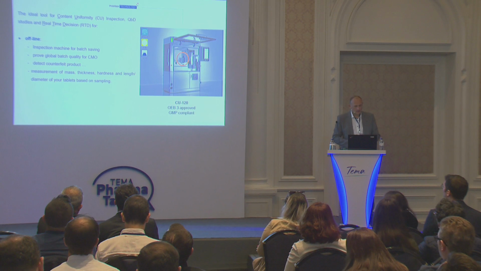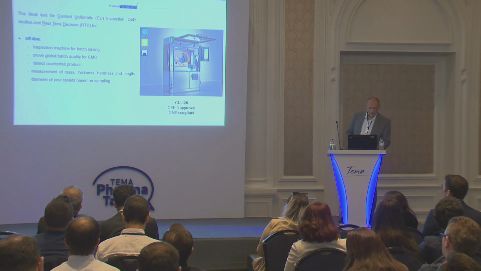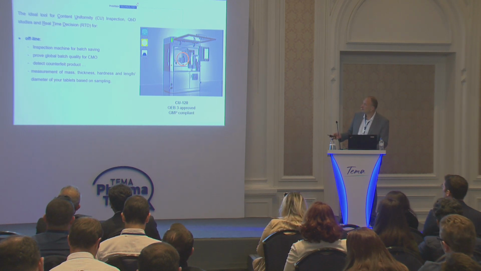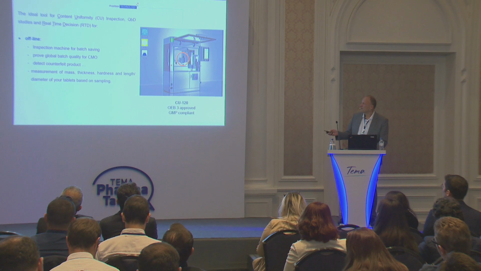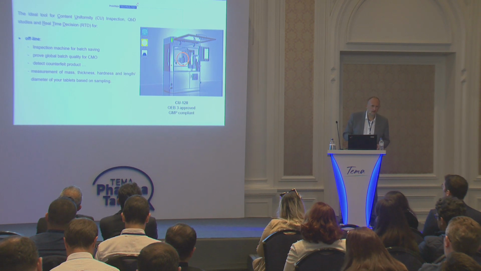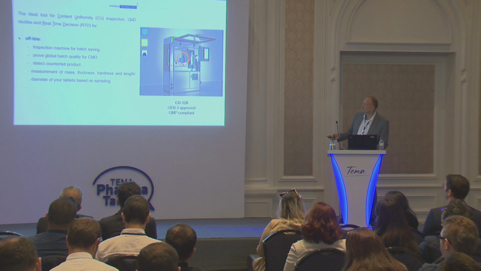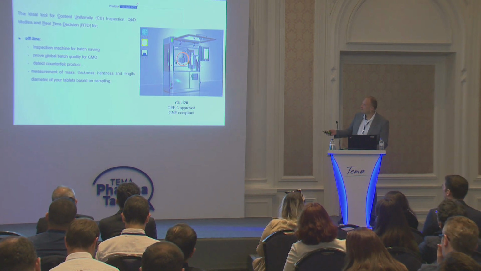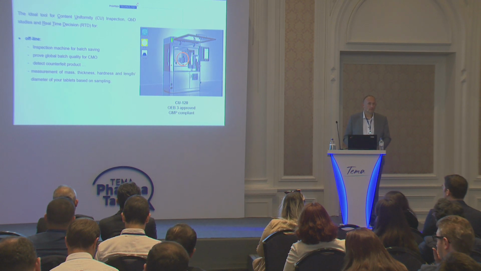Then let's go to our, let me say, high-grade machine. So this is our CU120. Also here we can use the machine offline, so we can use all the functions that we have learned already from the CW150. So CMOs, we can use counterfeit products. We can also do sampling measurement on mass, thickness, hardness, length, diameter, because we have a 4-parameter tester on top included in the machine.